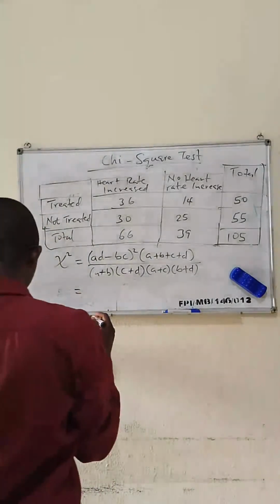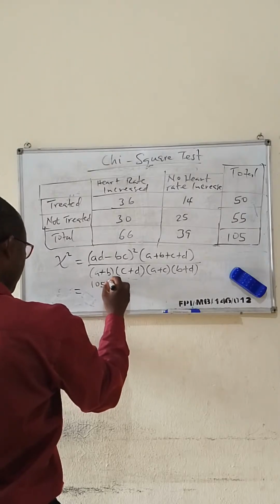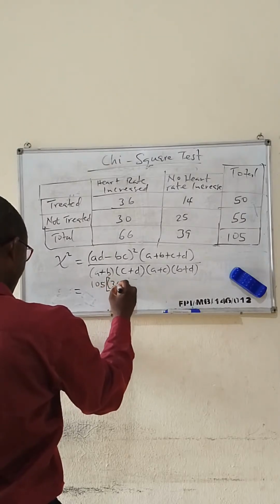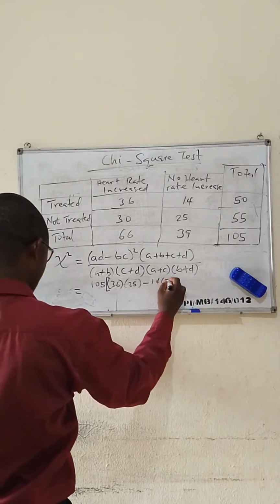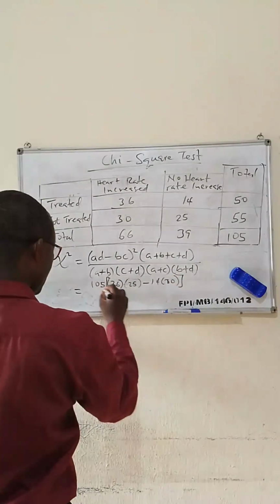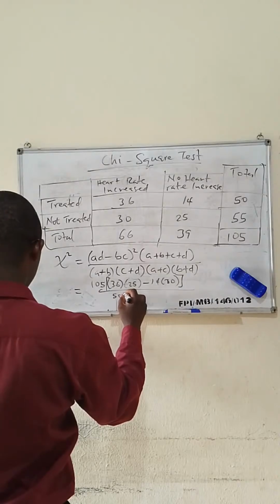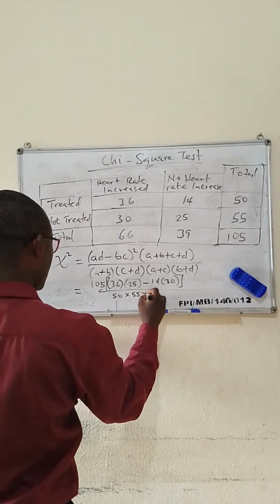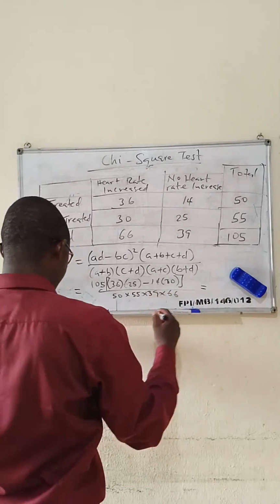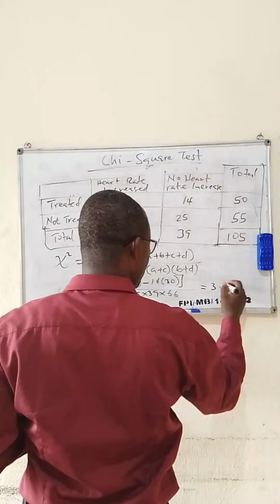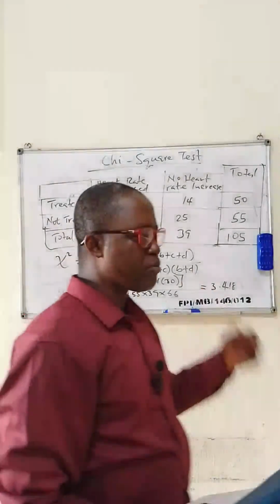If you follow from your handout, we have 105 multiplied by (36 times 25 minus 14 times 30) squared, over 50 times 55 times 39 times 66. And the answer is 3.418. That is the chi-square for that problem.